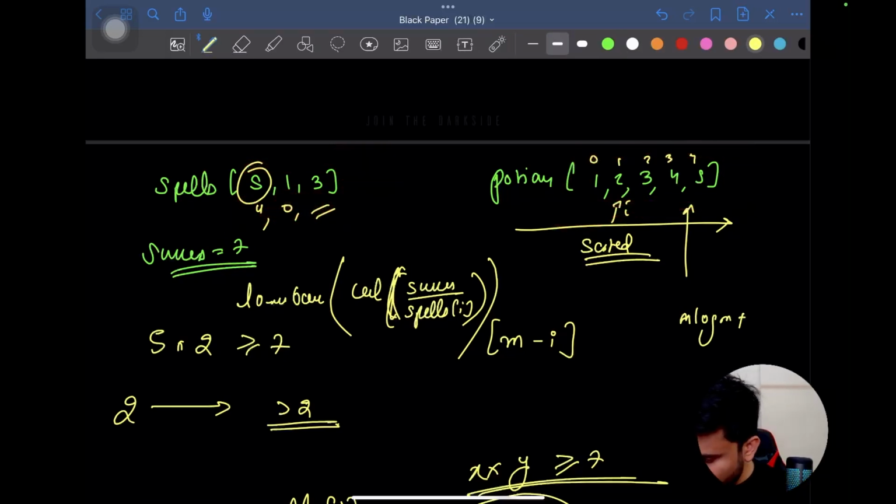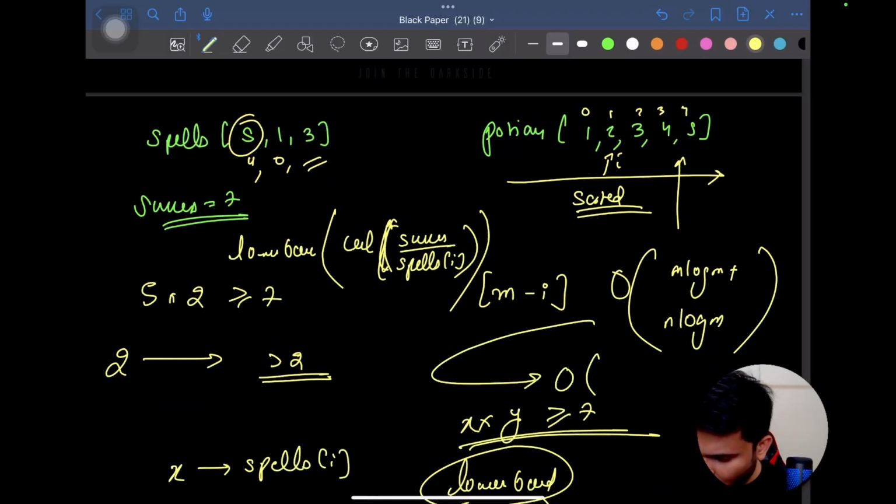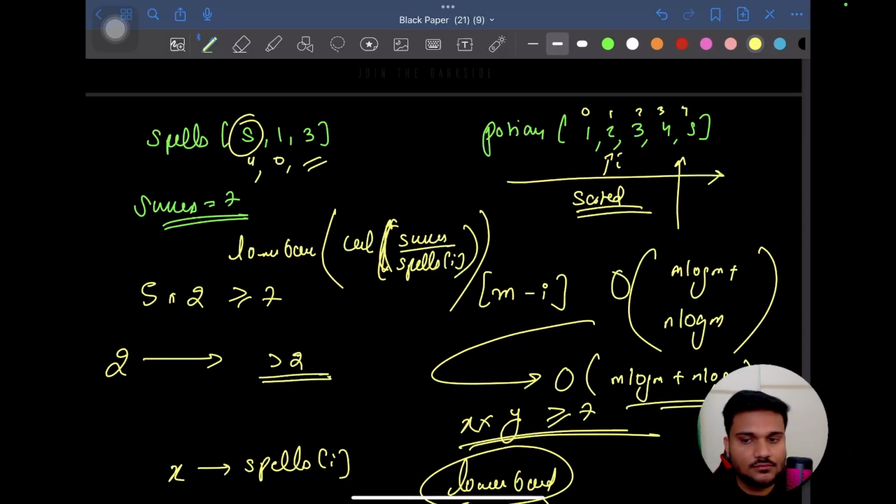So you can say plus n log m. If I write it properly, this is going to be order of m log m plus n log m. As simple as that, right? So a simple application of binary search can actually help you solve this particular question.